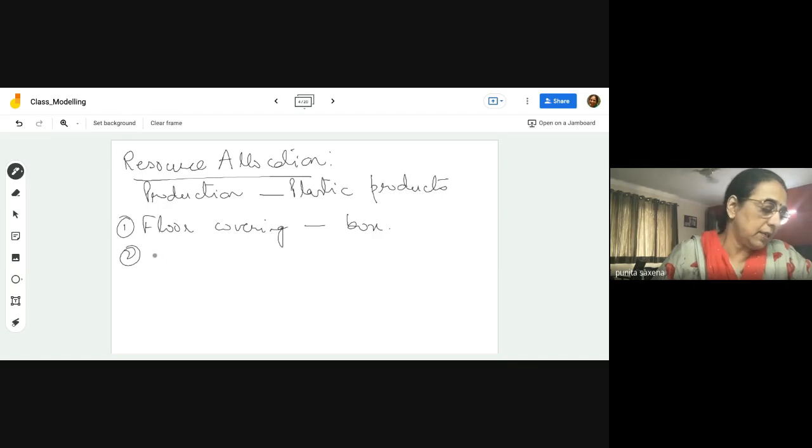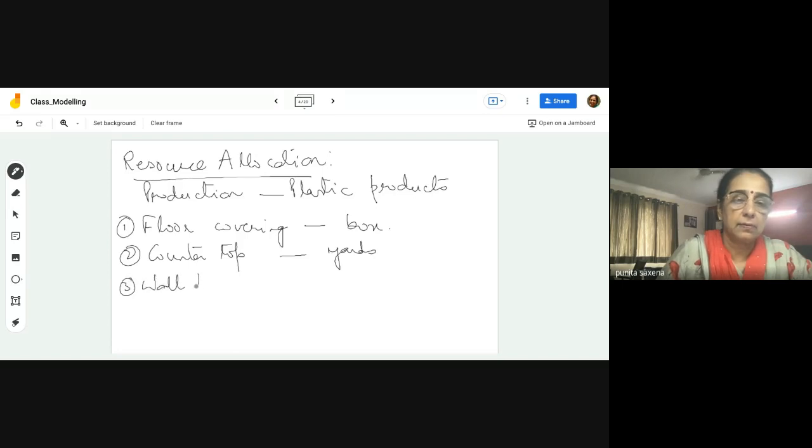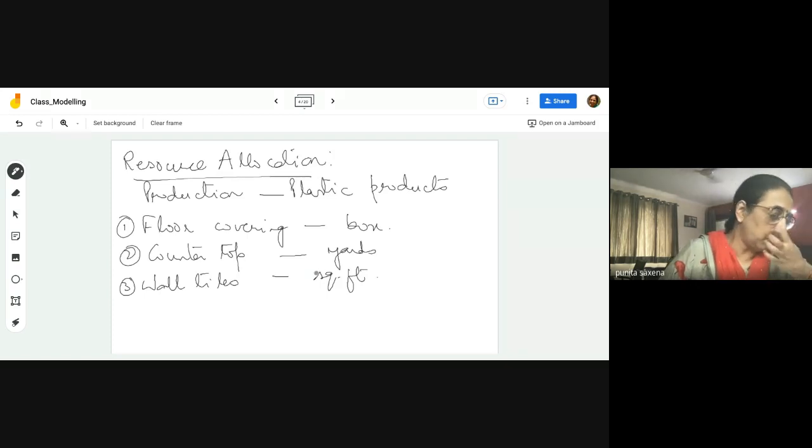Then the second is the countertop, measured in yards, so its length or per yard. And the third is wall tiles, which are measured in squares, so basically square feet. These are the three products that we are interested in.